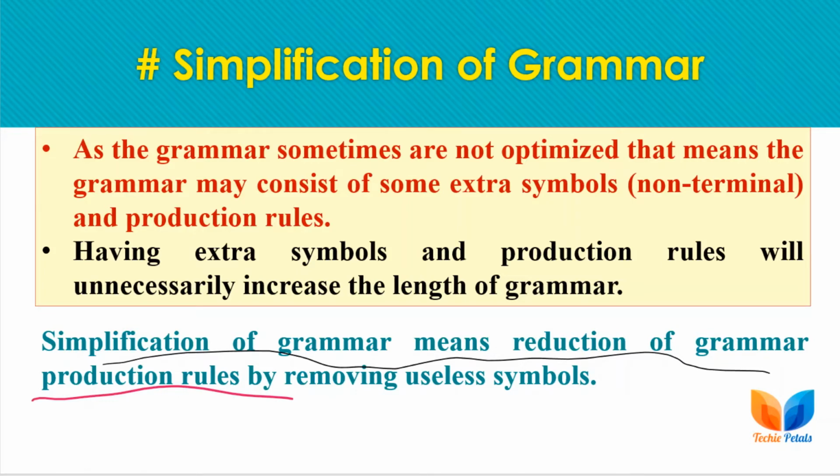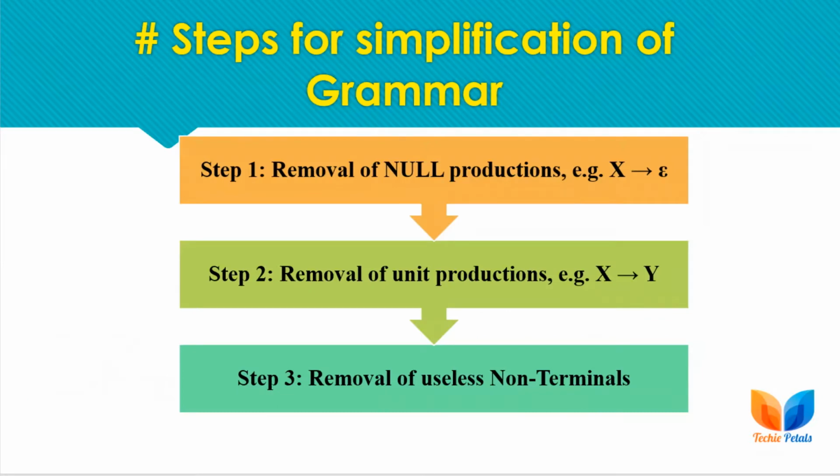Starting with the simplification process, here are the steps for the simplification of grammar. Step 1 is removal of null production rules, step 2 is removal of unit production rules, and step 3 is removal of useless non-terminals or useless symbols from the grammar production rules.